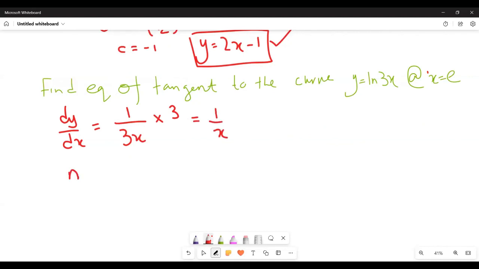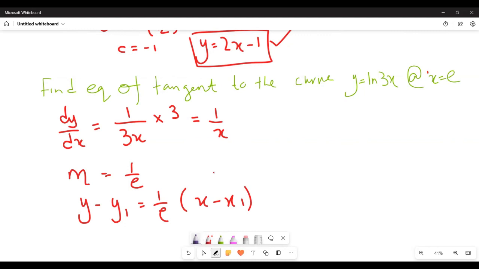So now the slope would be 1 upon e, that's the slope of the tangent. So y minus y1 equals m, 1 over e, times (x minus x1). However, I need a value of x and y. x is e, y would be y equals ln 3e.